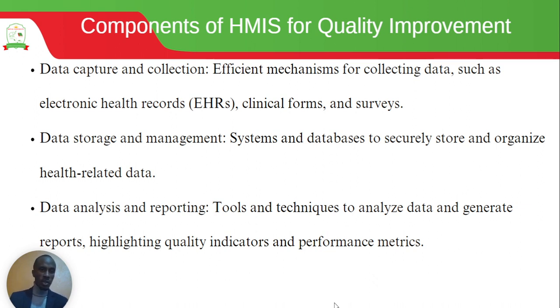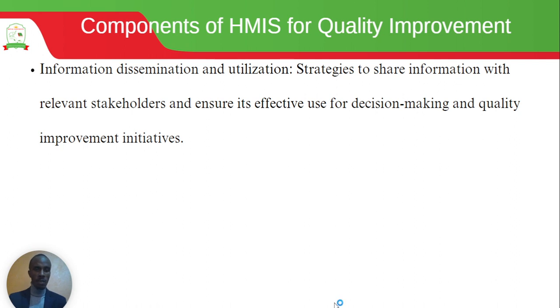Then after you've stored, you need to analyze and report. So all these are the components of HMIS, but we cannot forget the fact that after you've collected, after you've organized, after you've analyzed and reported, you also need to disseminate. Dissemination includes strategies of sharing information with relevant stakeholders to ensure its effective use for decision making and quality improvement initiatives.